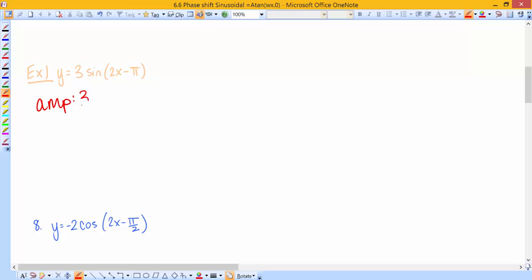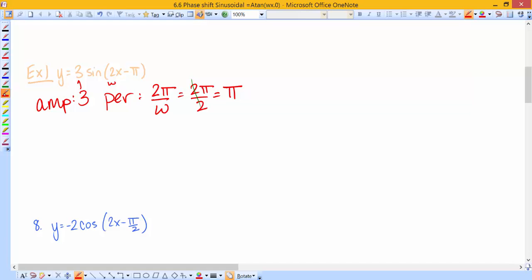So my amplitude is 3, which comes from my leading coefficient. To find the period, 2 pi over omega. Your omega is 2. So 2 pi over 2. So my period is pi. The 2's canceled. They became 1.